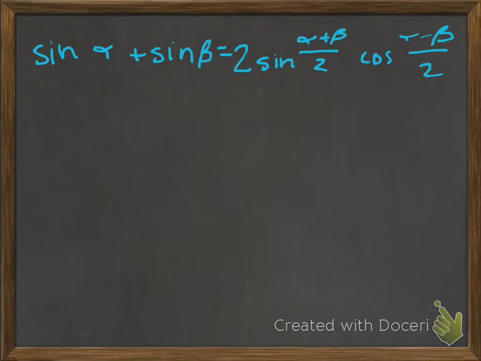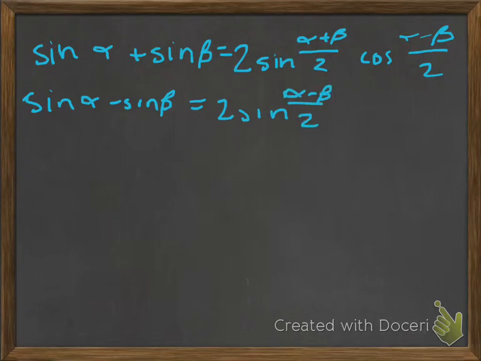So the next formula is sine of alpha minus sine beta. And the formula is almost identical as before, except the signs change. So it's 2 sine of alpha minus beta over 2 and cosine of alpha plus beta over 2.